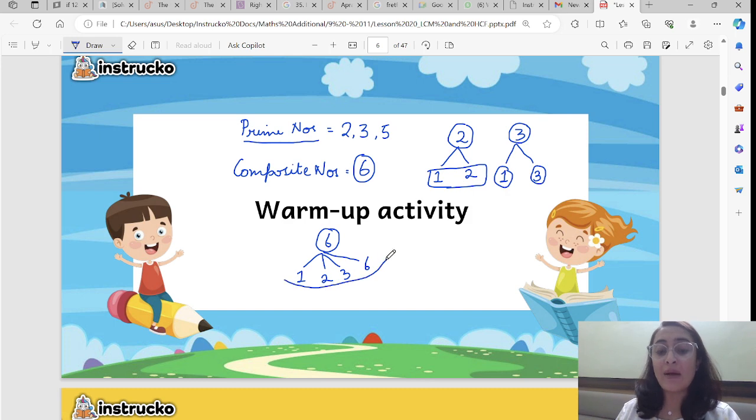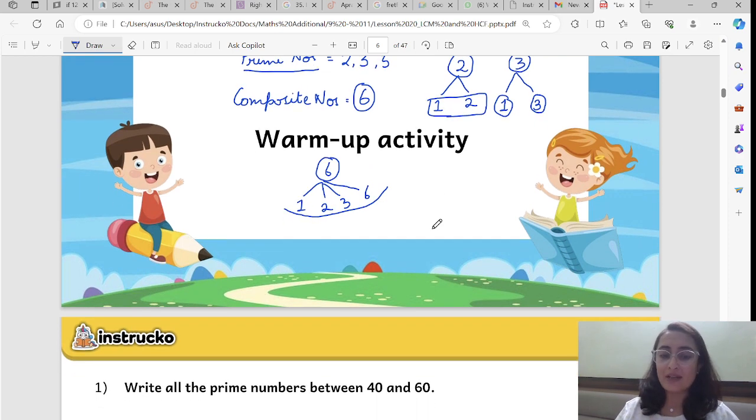So if any number has more than two factors, that is, more than 1 and itself, then it is not a prime number. Then it is a composite number. Prime numbers necessarily have only two factors, 1 and itself. I hope this is clear to everyone.